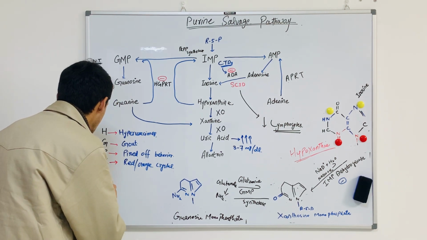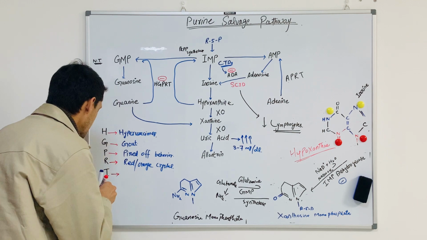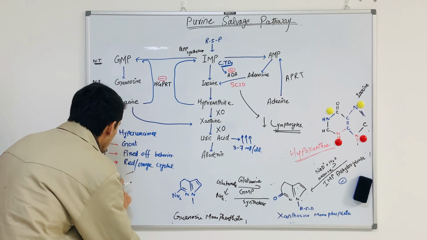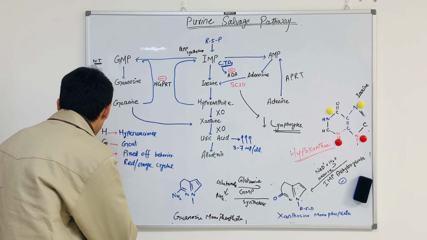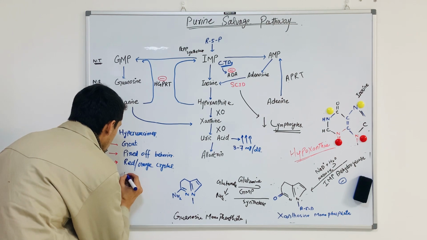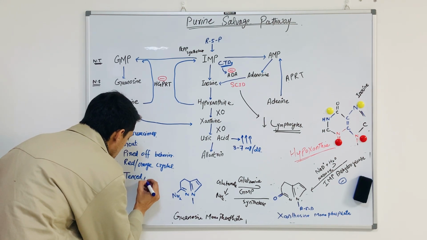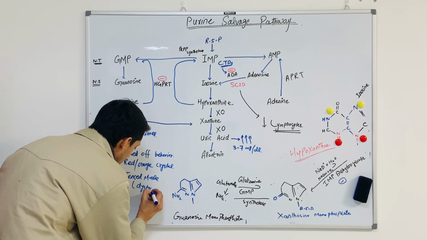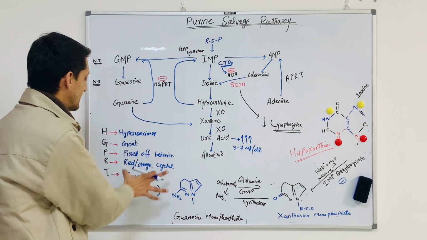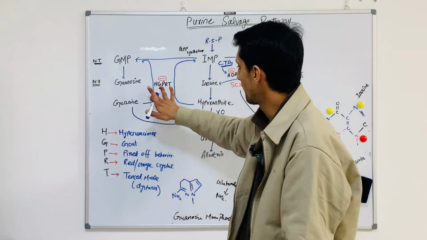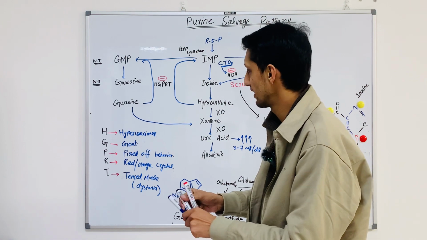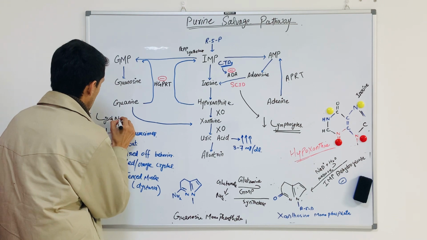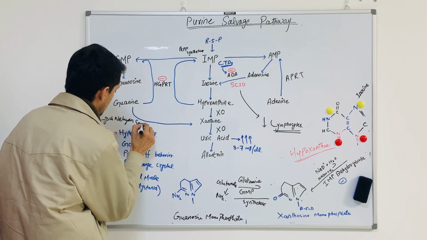And the fifth thing that is going to happen is tensed muscle, that is dystonia. So all this will happen due to the deficiency of HGPRT, and this happens in a disorder known as Lesch-Nyhan syndrome.